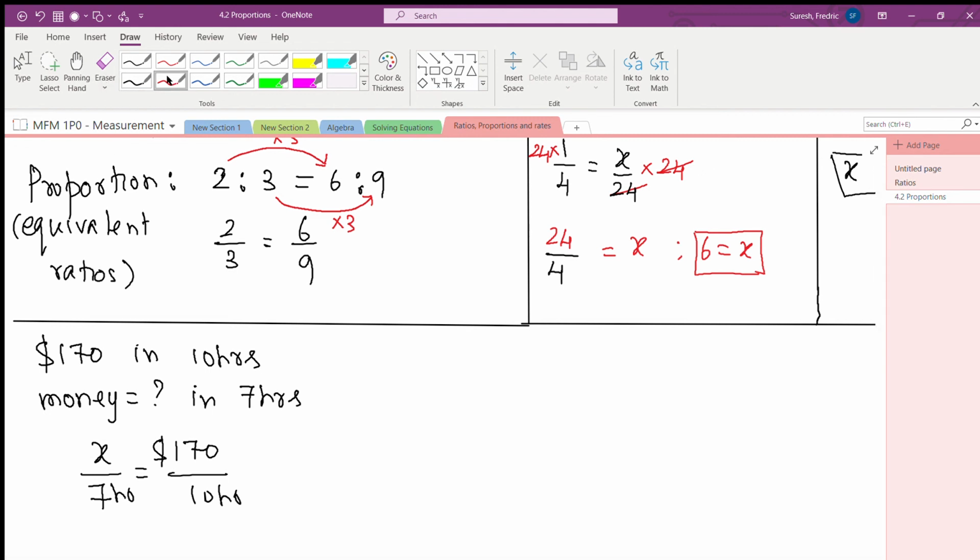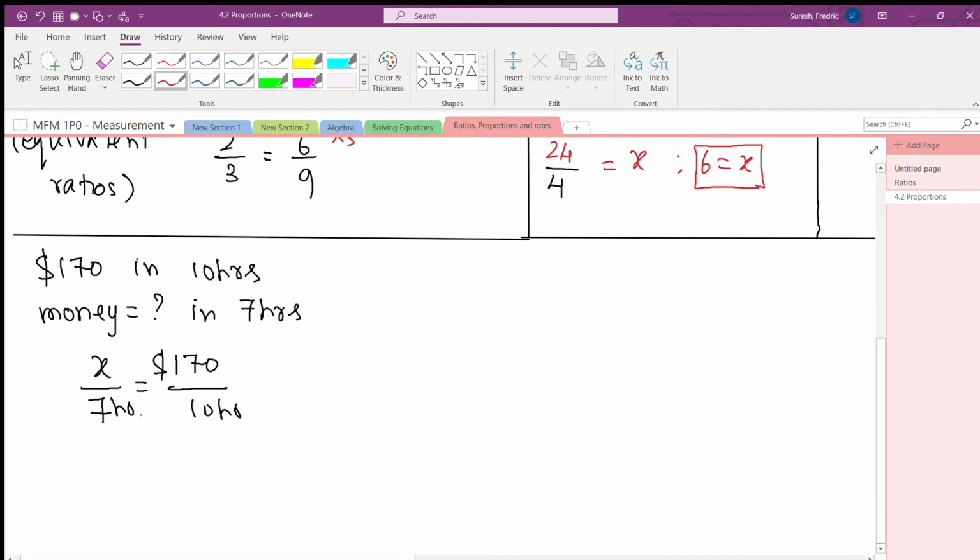So we solve it exactly the same way as we did before. The 7 is in the denominator, so you multiply 7 on both sides, cancel. x equals 170 multiplied by a 7 and divided by a 10, and you have $119.